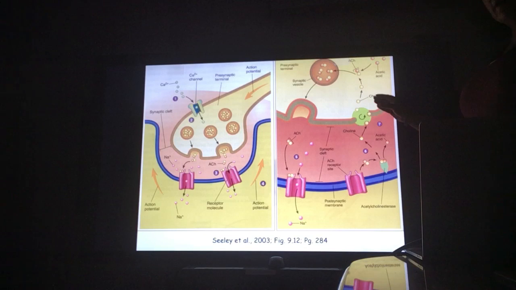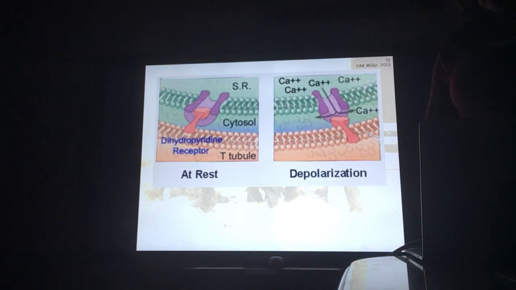Those get taken back up because we have this channel here that will take choline and acetate back up, and they can go across the membrane and then be recombined into acetylcholine, and they are stored back in the synaptic vesicle, ready for the next contraction or action potential. Well, that's great. That's how we get the action potential to get transferred to the sarcolemma.